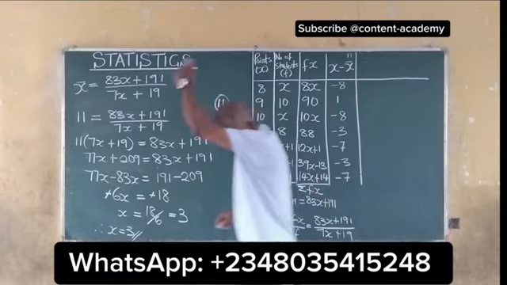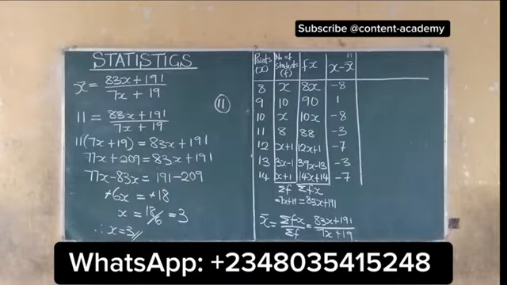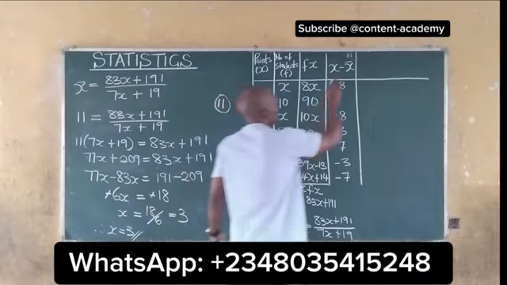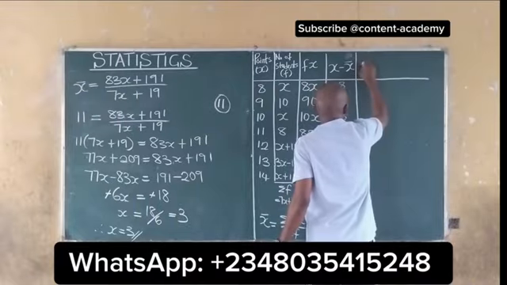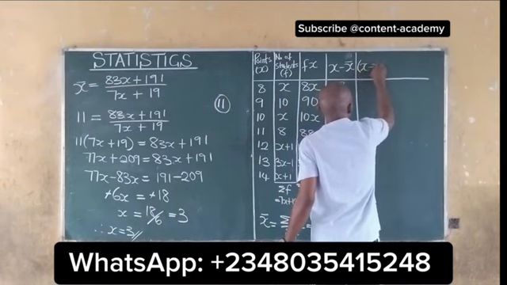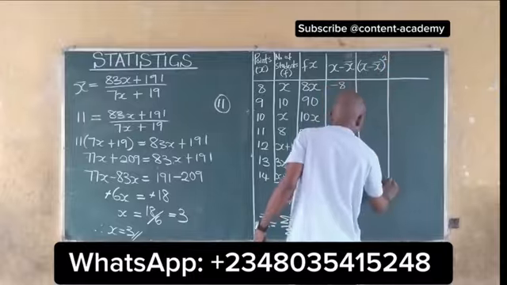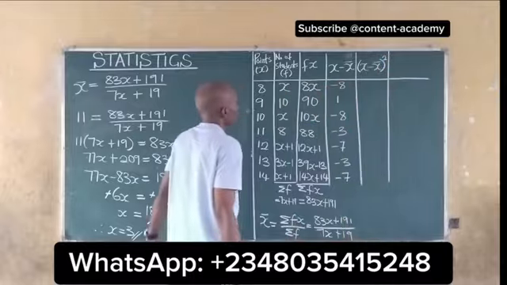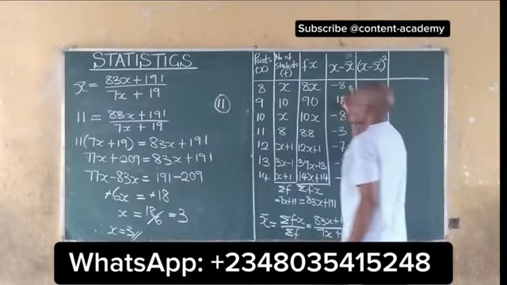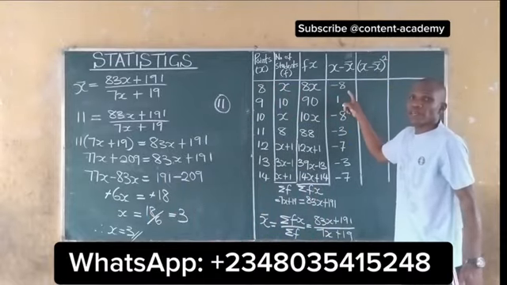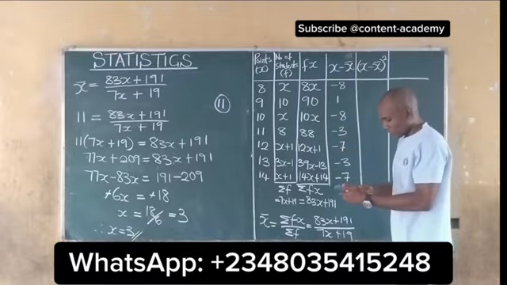So that is what we have for that. We are asked to calculate the standard deviation. So the next thing we'll calculate is x minus x bar squared. So you mean that we take the square of this. Of course, negative 8 multiplied by negative 8 will give us 64.